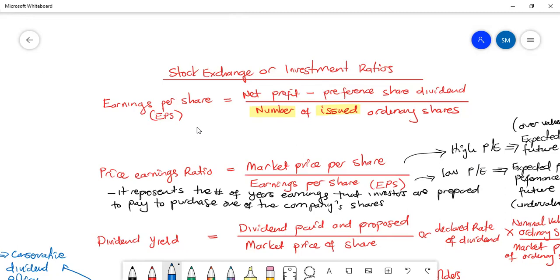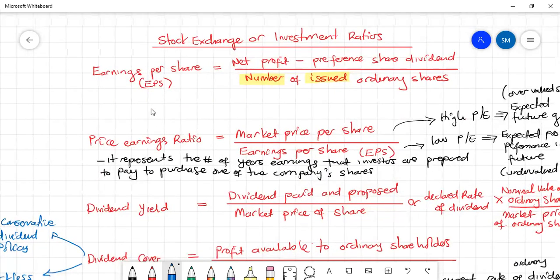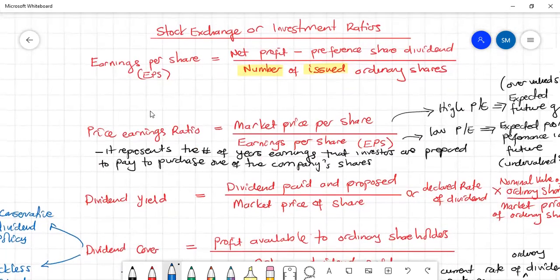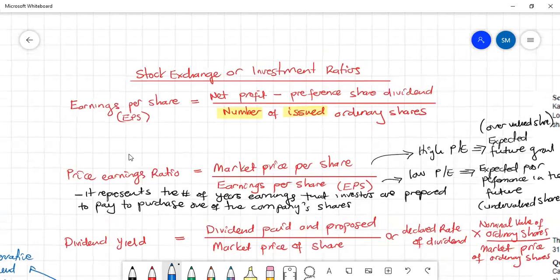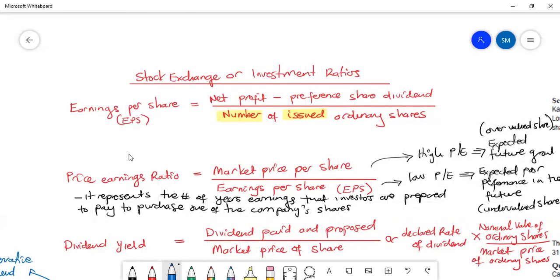So what else is left? We now have dividend yield, price earnings ratio, earnings per share. So for earnings per share, we are simply stating that this is the amount of profits that are available to ordinary shareholders, and then you divide that by the number of shares that were issued.